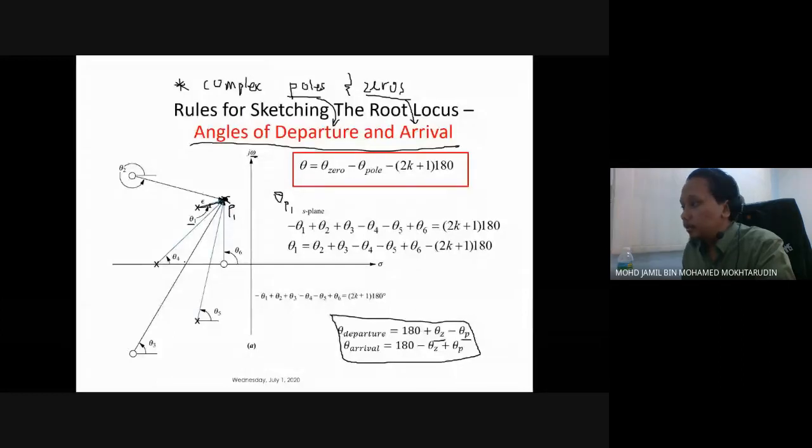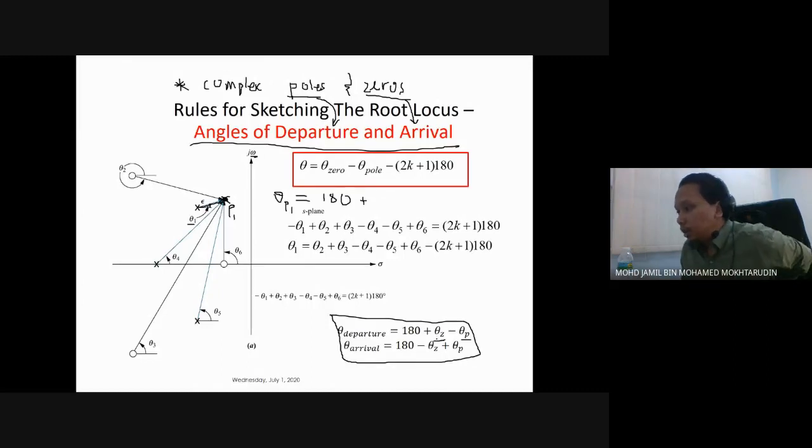And then for this P1 pole, the angle is 180 plus all the angles of zeros, meaning theta 2, theta 3, and theta 6.